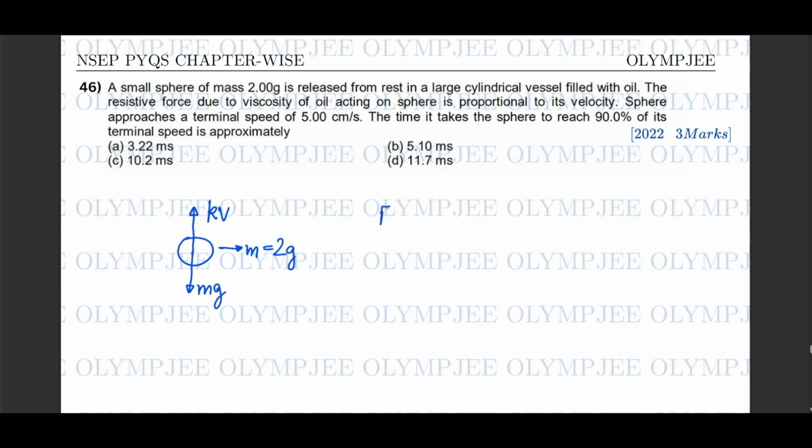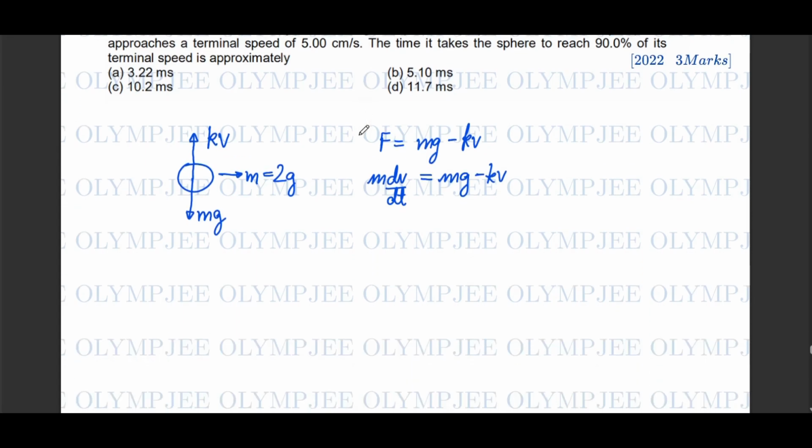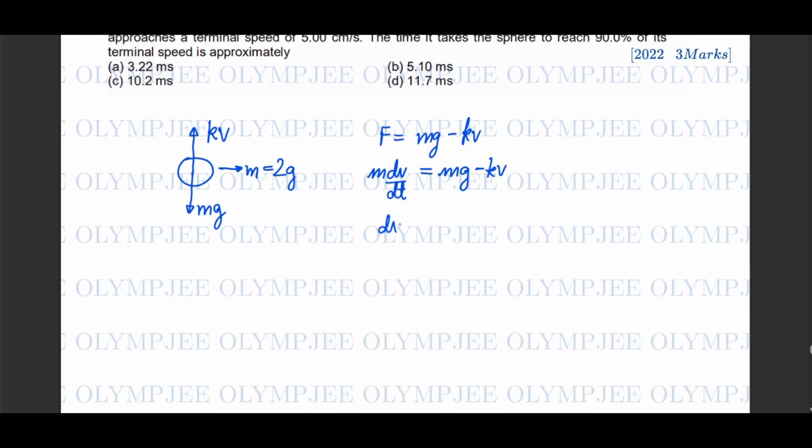So we can write the force on this particle as mg minus kv, which gives m dv by dt. Mass into acceleration is mg minus kv. Now rearranging terms, we can integrate this equation to find v.